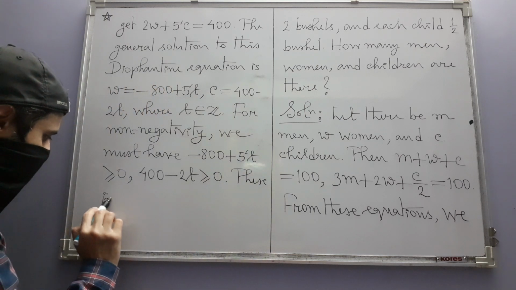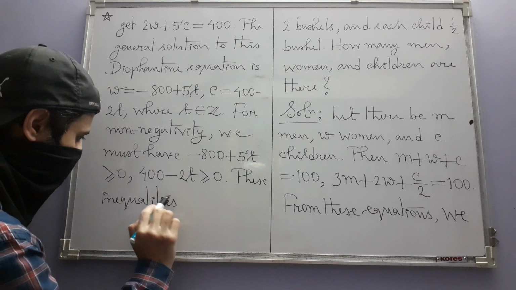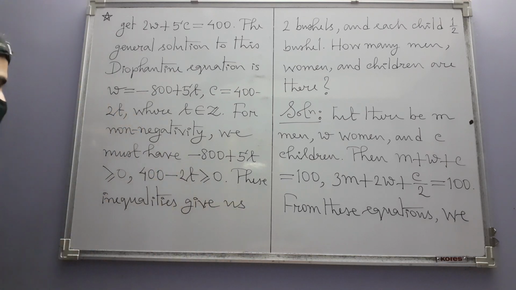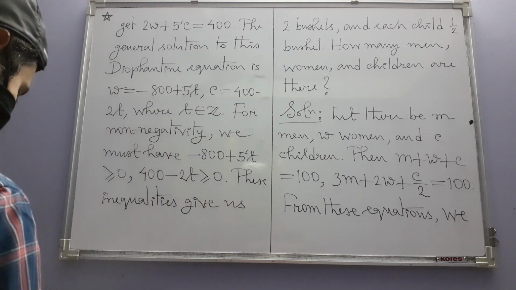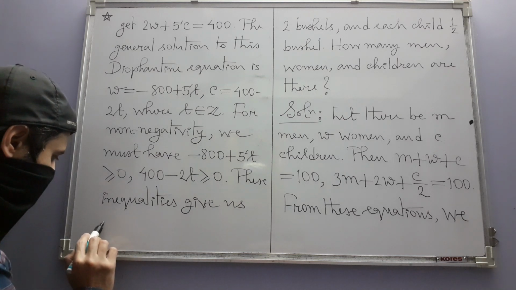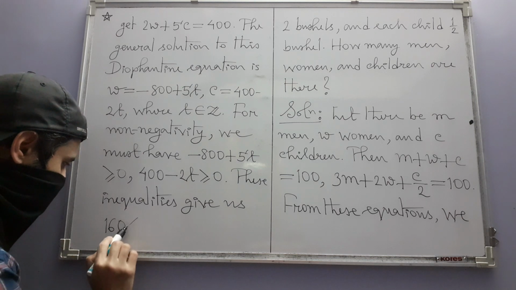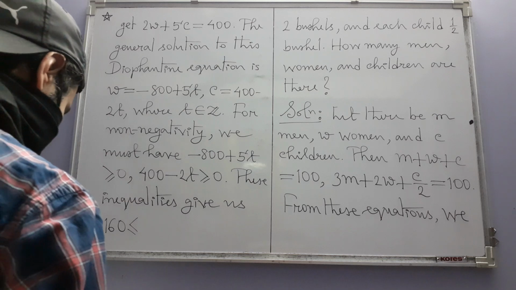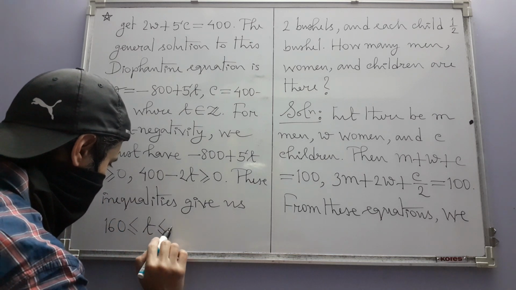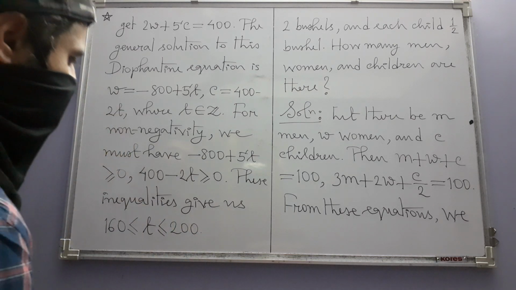These inequalities give us these requirements on t: 160 less than or equal to t less than or equal to 200.